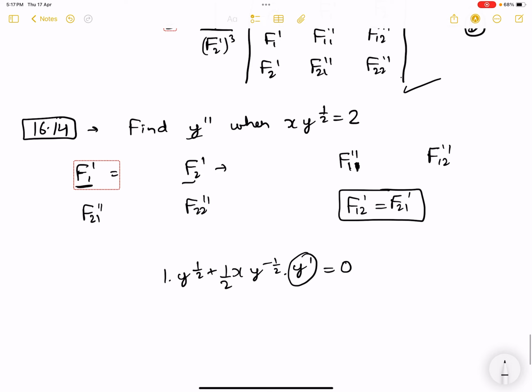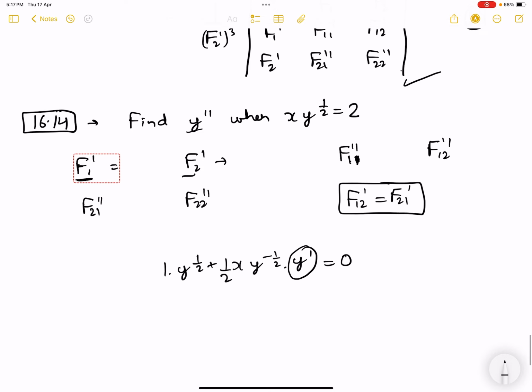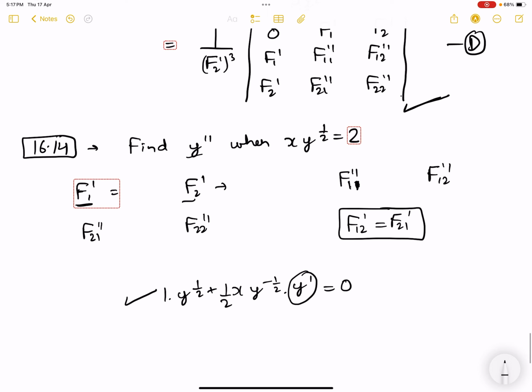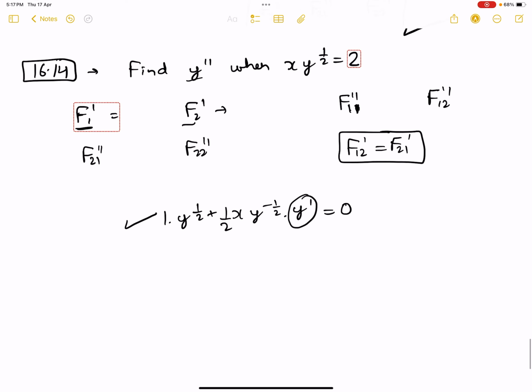So take a minute to solve this and try to use both these methods, this and the normal general method. I'm giving you 3-4 minutes to solve this and just verify whether you are getting this as your final answer or not.